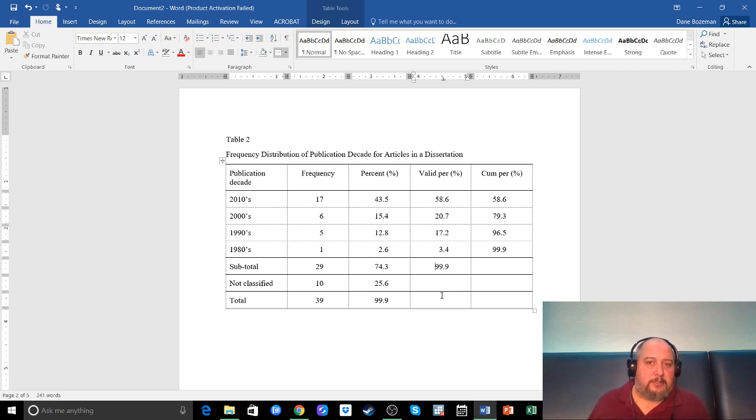So that leads to the question of who reads frequency distribution tables. The answer to that is pretty much everybody. I can tell you from personal experience that a lot of professors love frequency distribution tables for the simple reason that they're busy, they've got a lot of things going on, and a frequency distribution table is very simple to understand regardless of your level of statistical understanding.